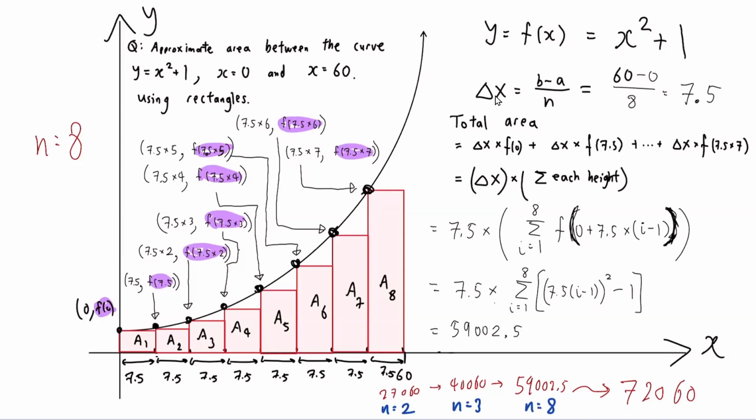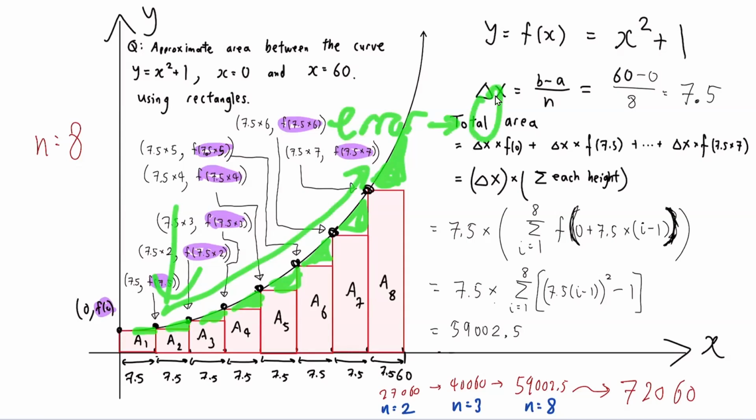Basically, as you increase the number of rectangles, these error terms, can you see the tiny little triangle looking shape? These errors, if you add them all together, they are getting smaller and smaller. Okay? The error is approaching 0. Can? Then that's why eventually this area will be exactly equal to our exact area if you let n tend to infinity.